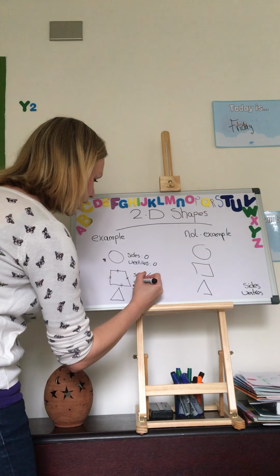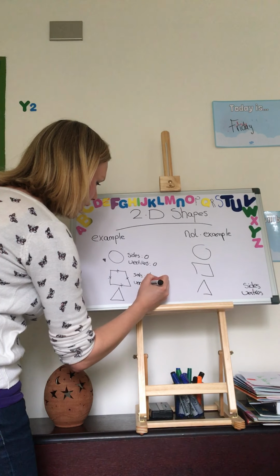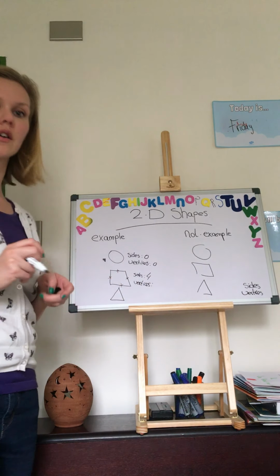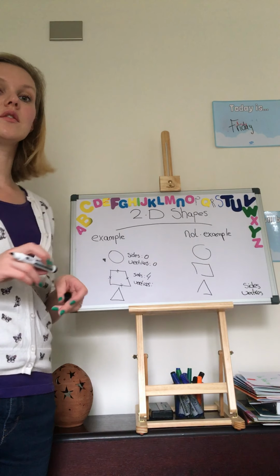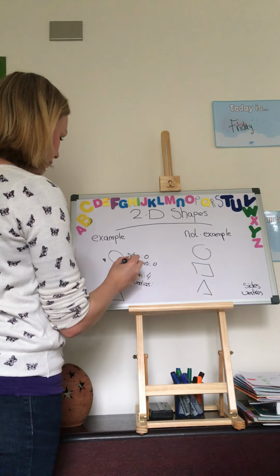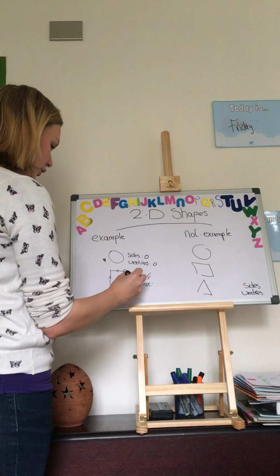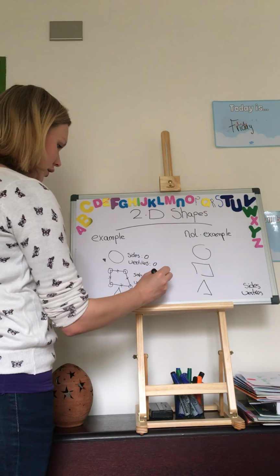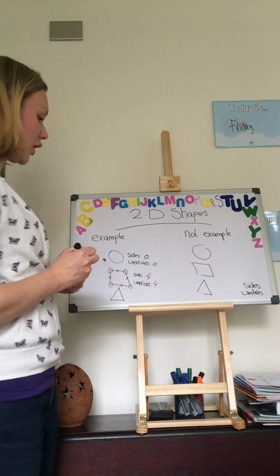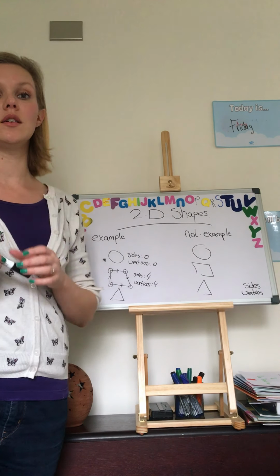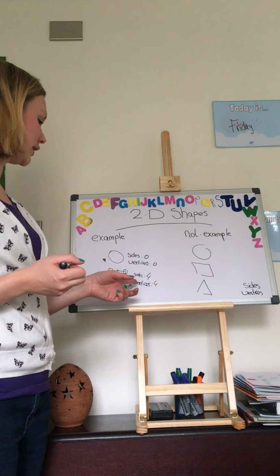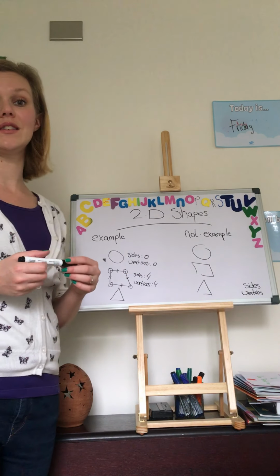And how many corners or how many vertices can we count here? How many corners does the square have? Let's see. 1, 2, 3, 4. Okay, so that's how we identify the square. It has 4 sides and 4 vertices.